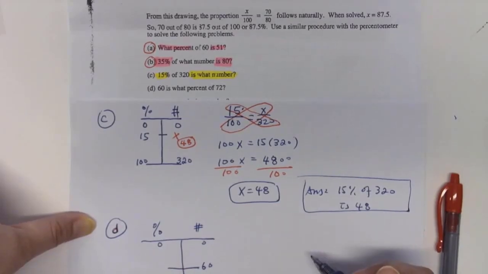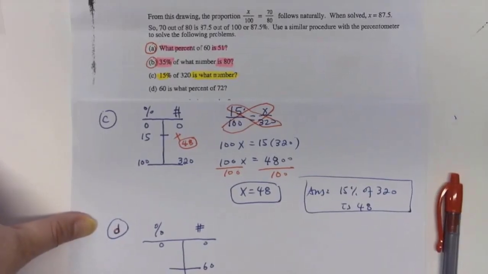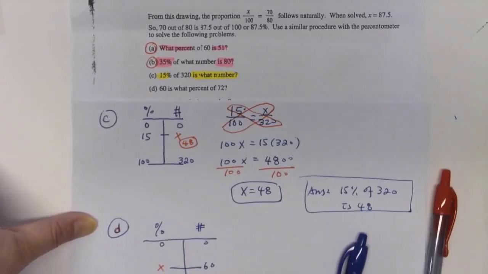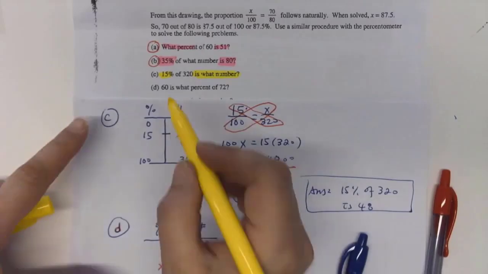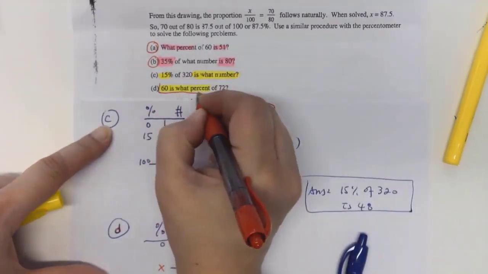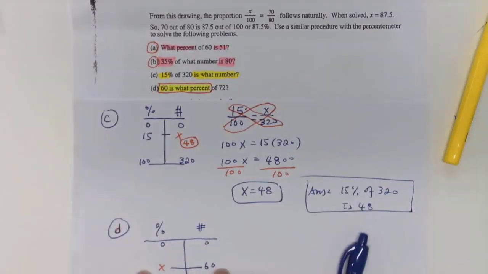And then what? 72 is your 100%. And then we need to find out what percent is 60, right? If you have a hard time reading, I can say 60 is what percent, right?